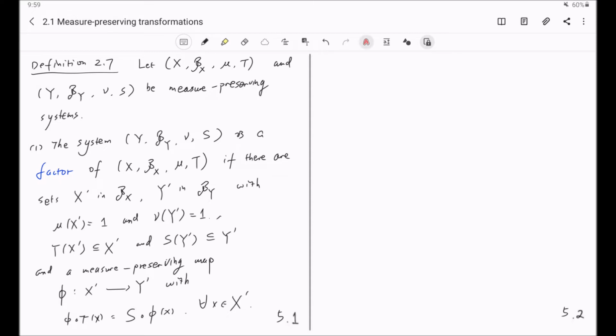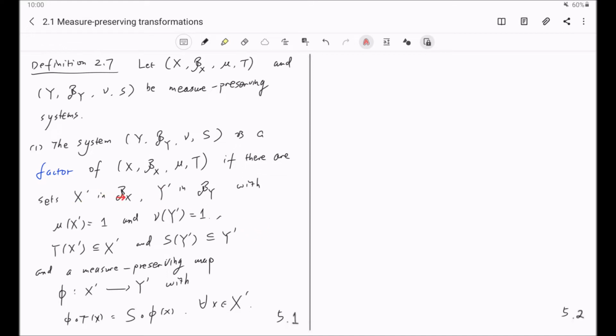Okay, so at this point you might wonder what's the point of taking X' and Y' in the definition. If you remember, when I talked about this at the beginning, I said every map or function in measure theory is only considered defined almost everywhere. It doesn't have to be defined everywhere because its behavior on a set of measure 0 does not affect its properties.